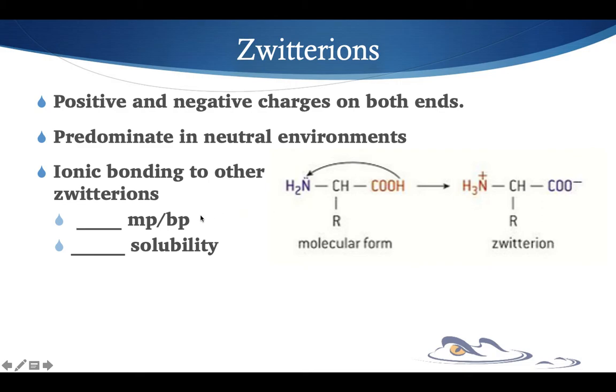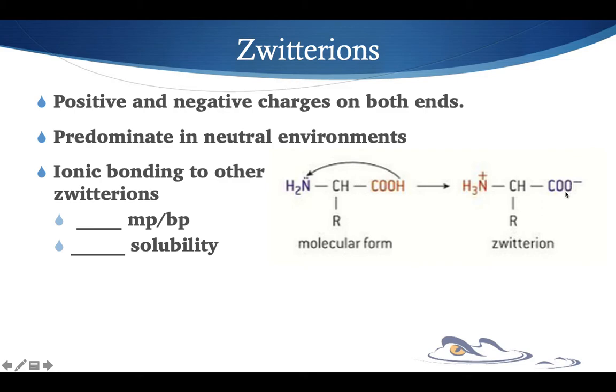When it does this, the amine group becomes the conjugate acid of itself. So here it was a base, and now that it has accepted a proton, it becomes a conjugate acid and it has a positive charge on that nitrogen right there. Likewise, over here, the once acidic group has now lost its hydrogen, and so now it is a conjugate base on this side.